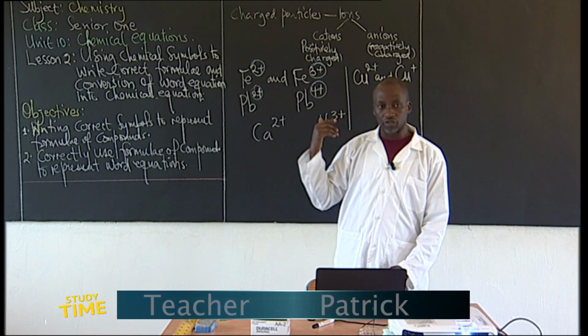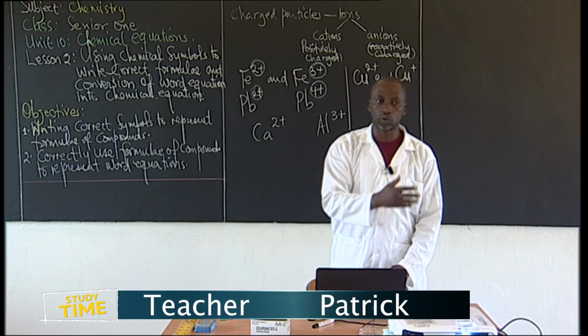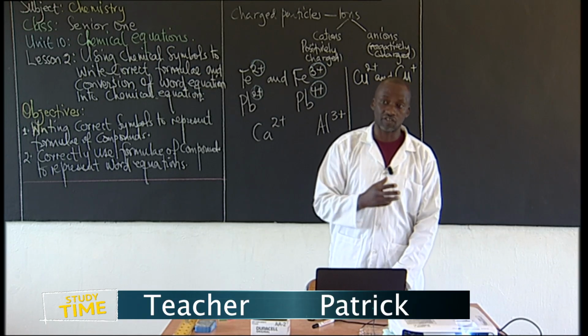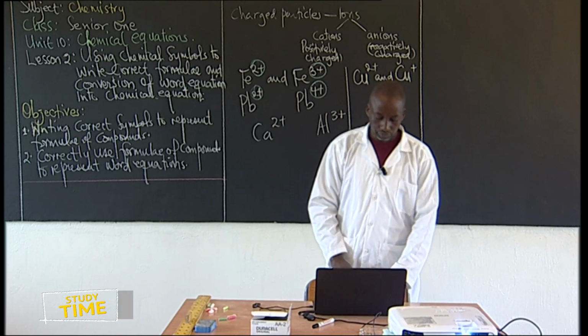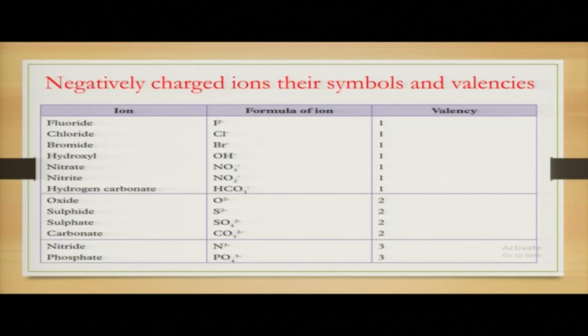In the previous unit, you looked at the symbols and their valences and radicals. So we look also at the negatively charged ions. I also want to remind you about these ones as well. We have looked at the positively charged ions, which we said are called cations.